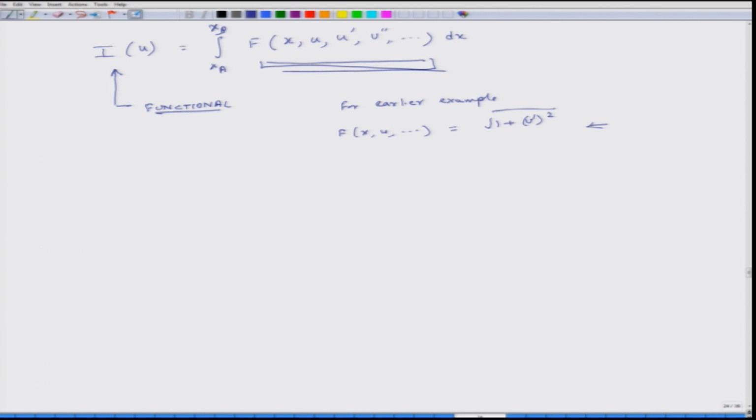So in a very loose sense, I is nothing but a function of functions. What are the different functions? One function could be u, another function could be u prime, and so on and so forth. But this is a loose definition.